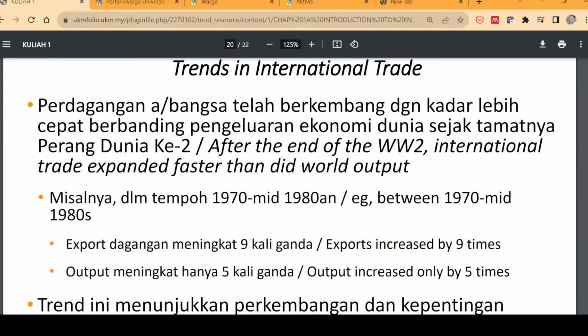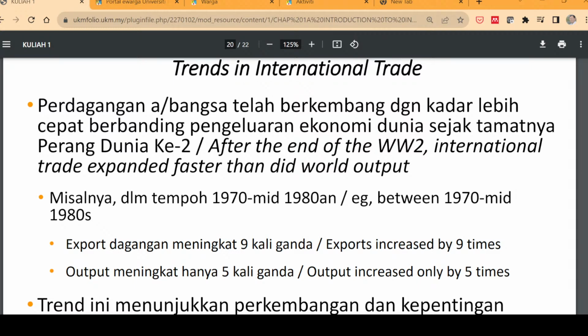I got a picture from here. This is emerging. Okay, remember this publication is from 1997.